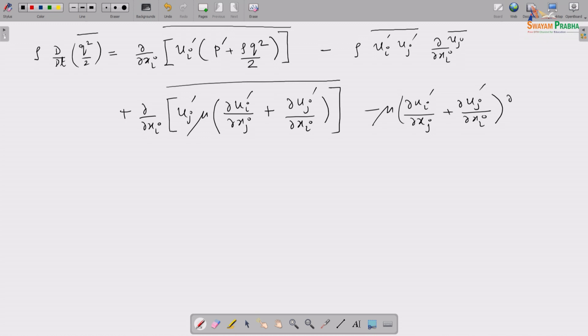Now essentially we have these terms, so I'm going to write them out.